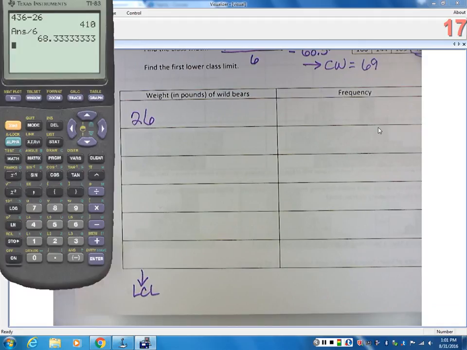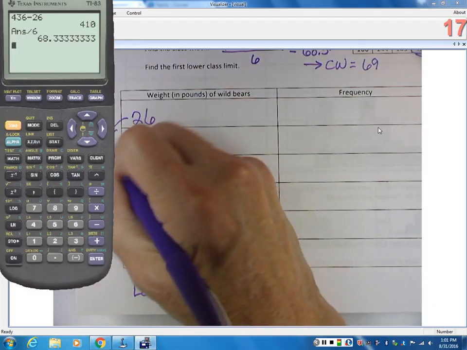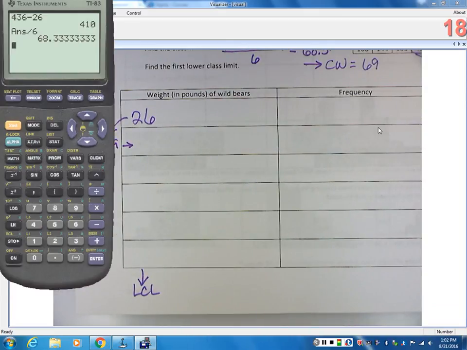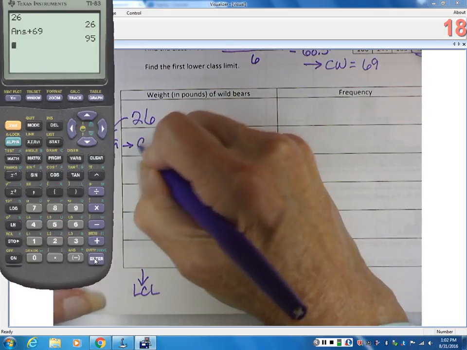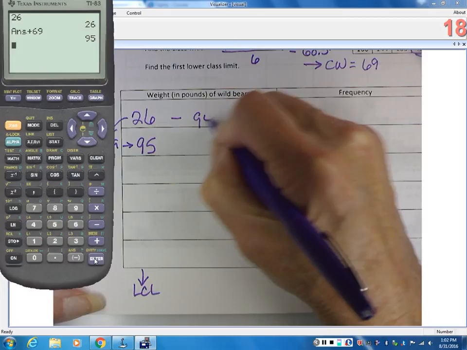And then I'm going to take that 26 and add 69 to it. 26 plus 69 is 95, so my next class starts at 95, which tells me that this class ends at 94.